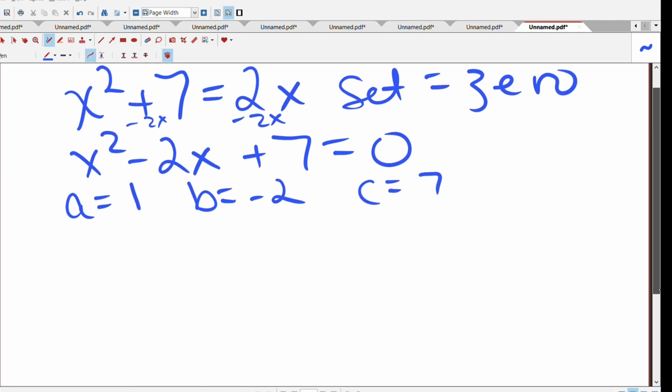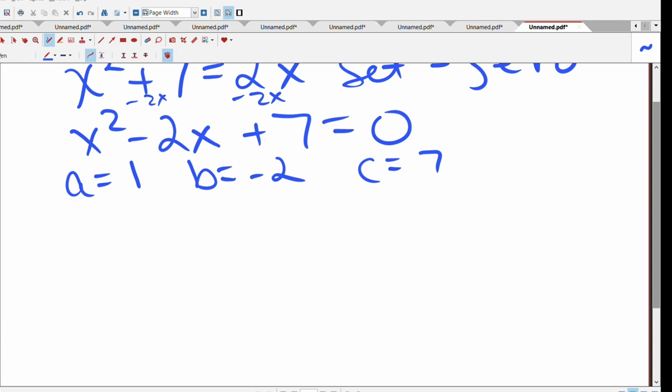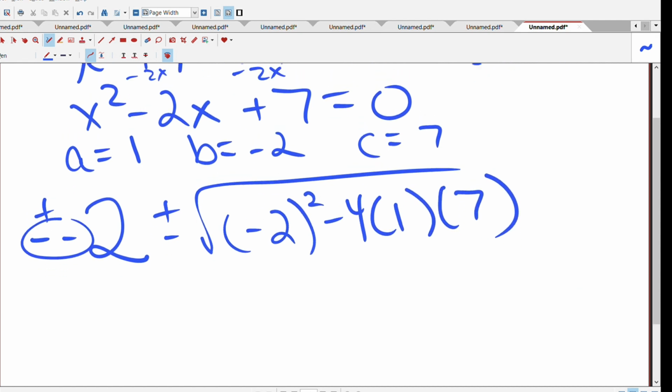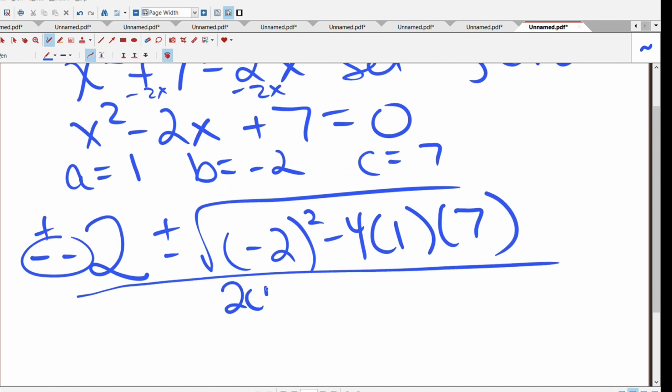So if I want to solve for the zeros or solve for the roots, it's negative b, so I have to change the sign, negative b plus or minus square root of b squared minus 4 times a times c all over 2a.